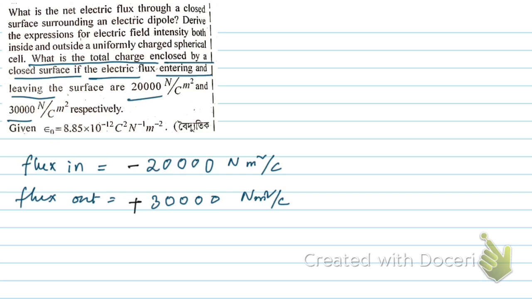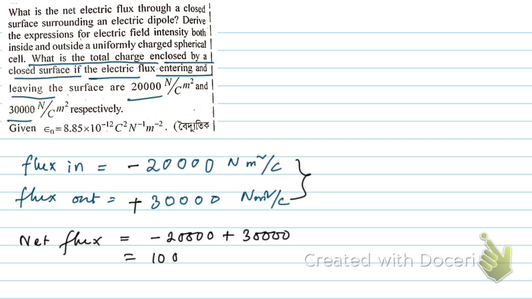So net flux, if you add these two, minus 20,000 plus 30,000, that's going to be 10,000 Newton meter square per coulomb. So that is the flux.